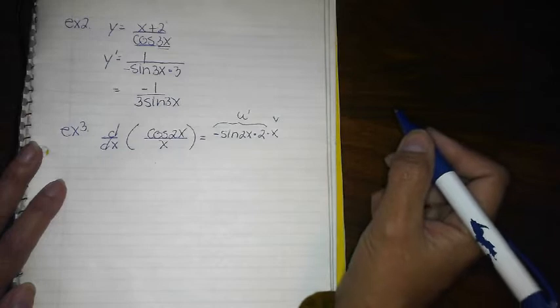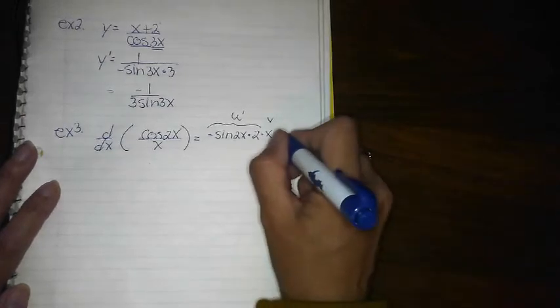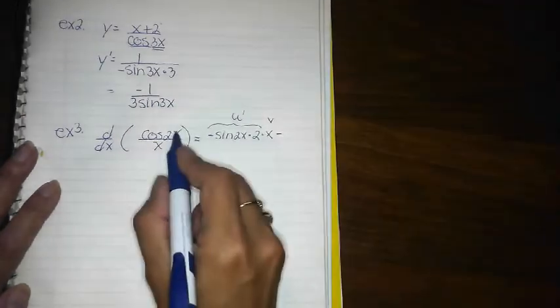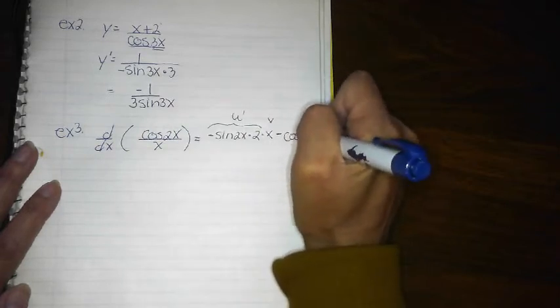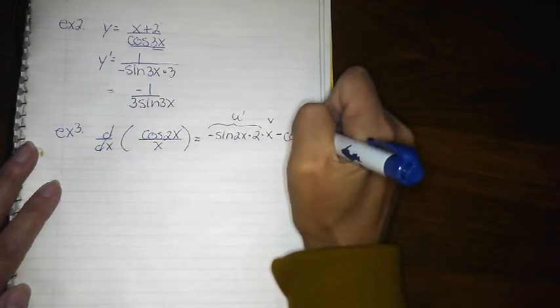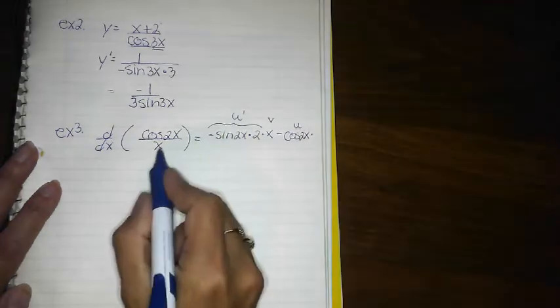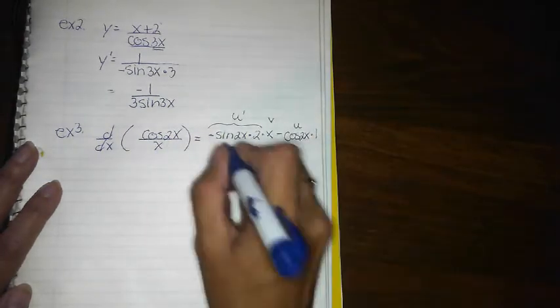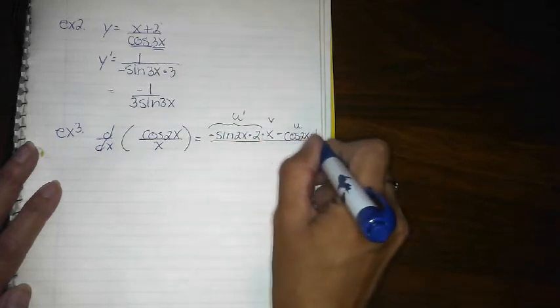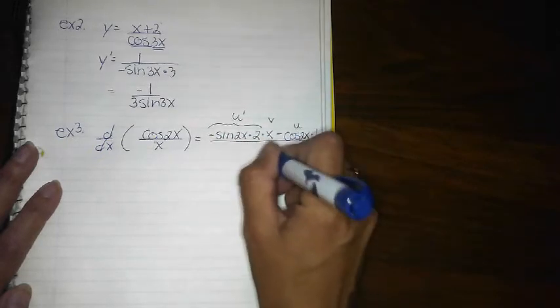So there's our u prime times v. Minus, we will keep the top the same, cosine 2x. That's our u. Times the derivative of the bottom is just a 1. All over denominator squared.